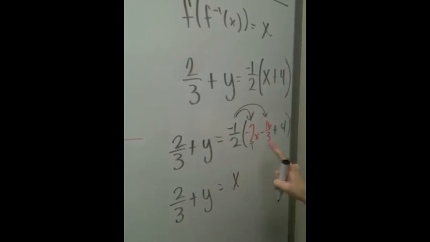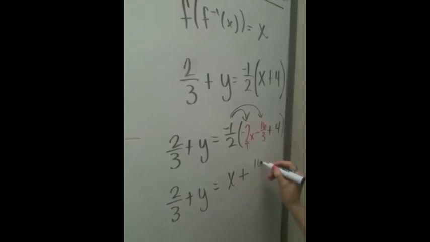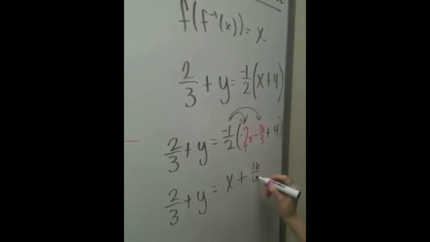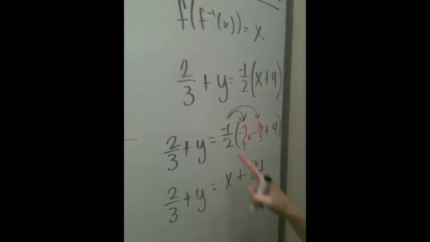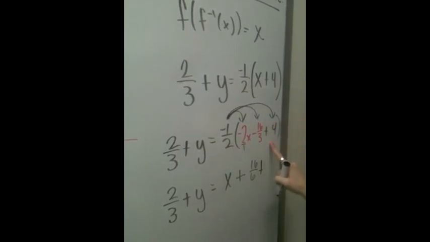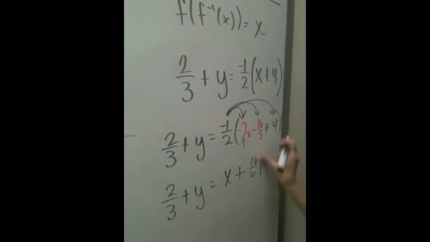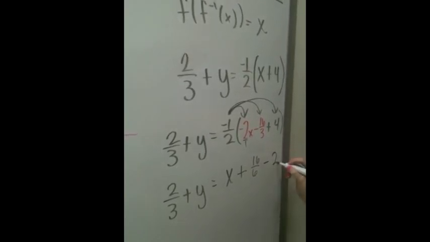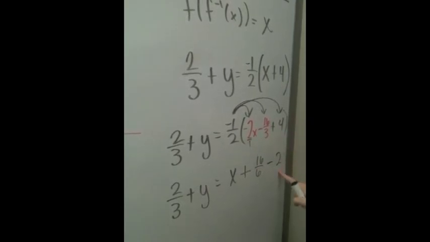Negative 1/2 times negative 16 over 3, that's going to give us a positive 16 in the numerator, 6 in the denominator, because it was 1 times 16, 2 times 3. Negative 1/2 times positive 4, that gives us a negative 2, so I can change that to subtraction, because that's 4 times 1 over 2, so that gives us negative 2.